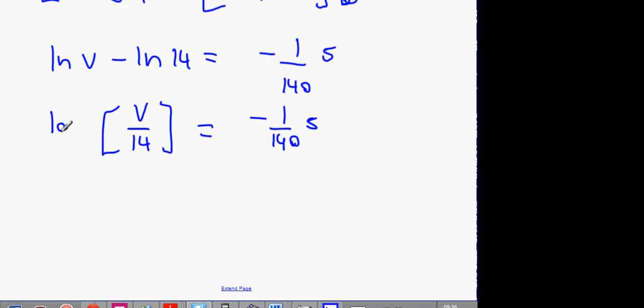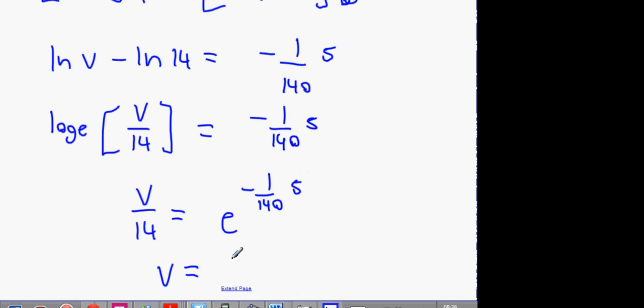Then isolate V: V over 14 equals e to the power of minus 1 over 140 S. Bring the 14 up, V equals 14 e to the minus S over 140.